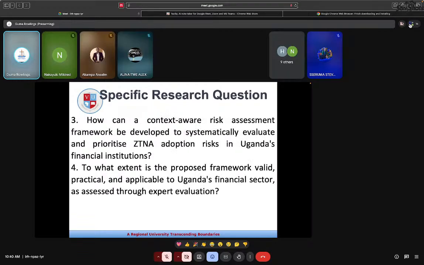Then how can a context-aware risk assessment framework be developed to systematically evaluate and prioritize ZTNA adoption risks in Uganda's financial institutions? And the fourth would be, to what extent is the proposed framework valid, practical, and applicable to Uganda's financial sector as assessed through expert evaluation?